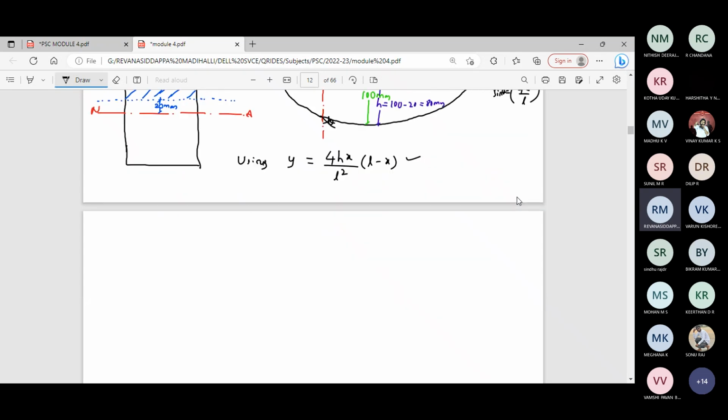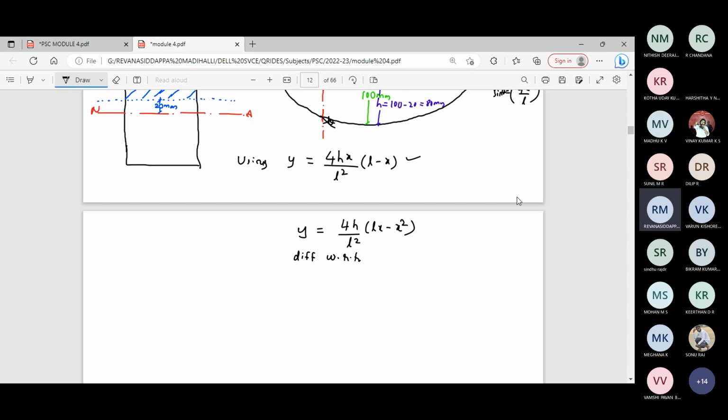I can rewrite this as y is equal to 4h by L square into (Lx minus x square). Now you can find the slope. Differentiate with respect to x.